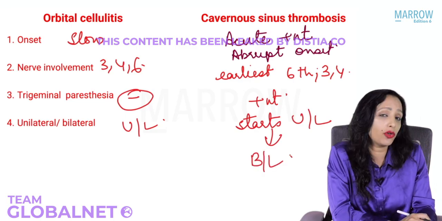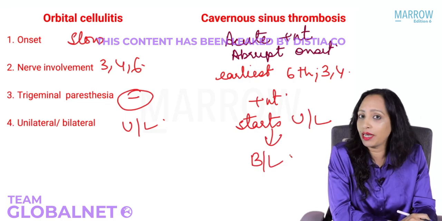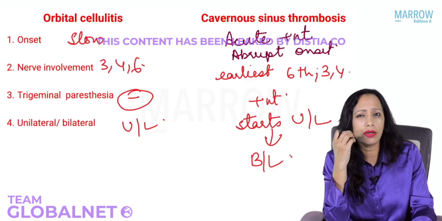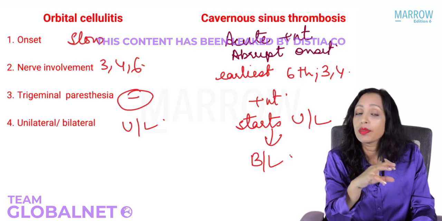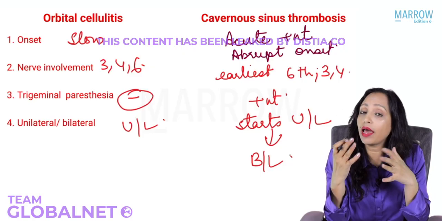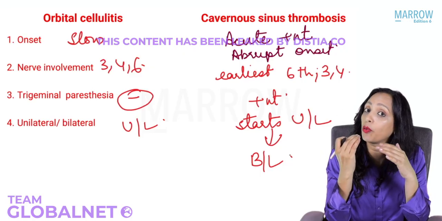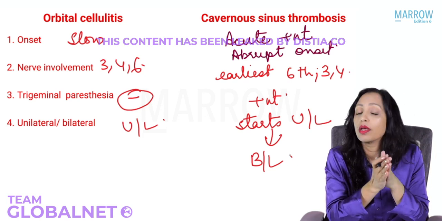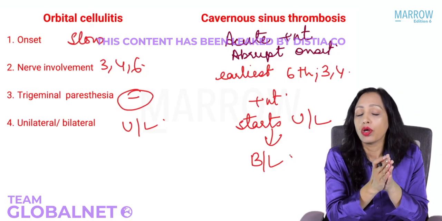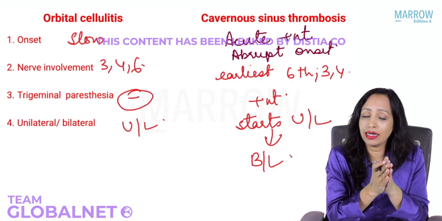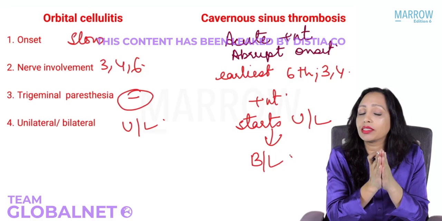There was a recent question in your exam that a patient presents with chemosis and proptosis following rhinosinusitis, and now there is diplopia in the other eye also. There is lateral rectus palsy of the other eye also. So now what is the diagnosis? Is it orbital cellulitis or cavernous sinus thrombosis?